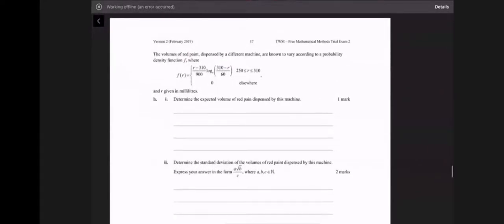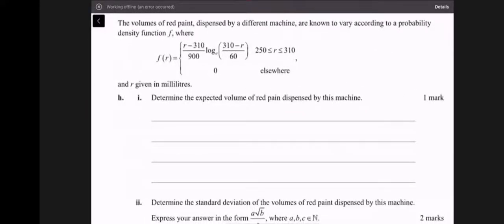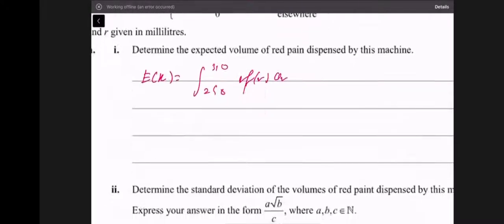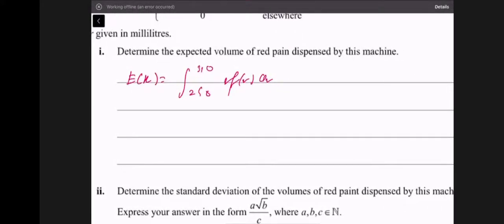So now we have a probability density function. Find the expected volume. So E(R) is the integral of r f(r). This question was really funky because it asked for exact values, but I'm not sure if it was just my CAS, it didn't give me exact values, which was really annoying. And I'm pretty sure it didn't work at all in Main.